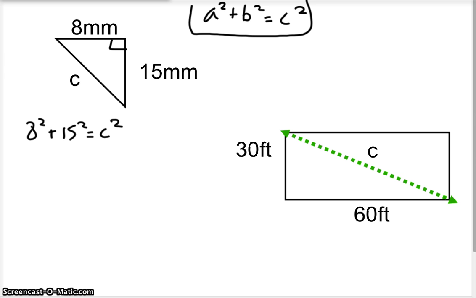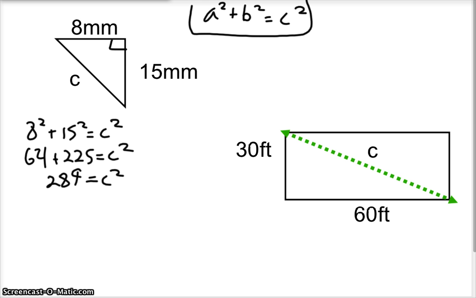Alright, so 8 squared, 8 times 8 is 64. And then 15 squared, I have to calculate that. 15 squared is going to equal 225. So we have 64 plus 225 is going to equal 289, which equals C squared. And I need to get C all by itself, so I need to do the opposite.